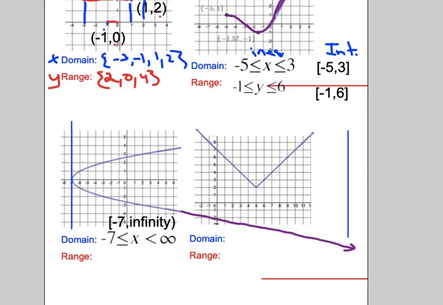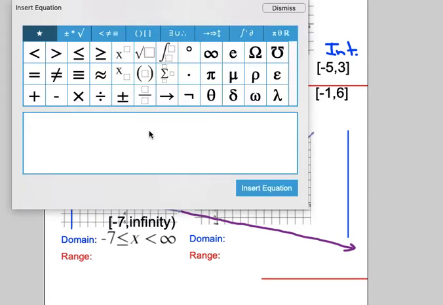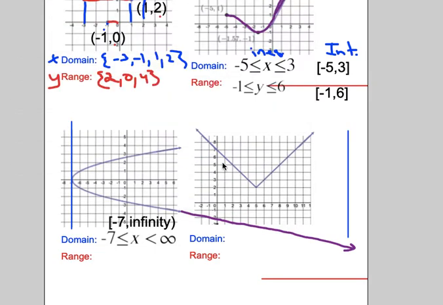So we got a couple ways of writing that. You can say this is negative infinity less than y less than positive infinity. That's if you want to use the inequality.